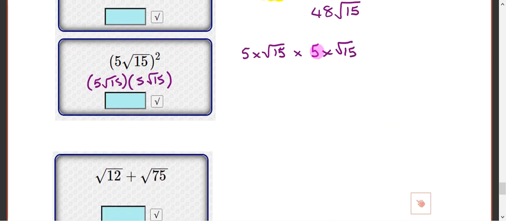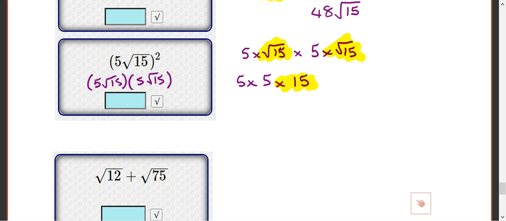Right, any options for this? Nick? Well, I've noticed, look, that square root 15 times the square root of 15, that's like squaring the square root again. So what does that become? 15. So I'm going to do 5 times 5 times, well, these two together just make the 15. So I highlight so you can see that.